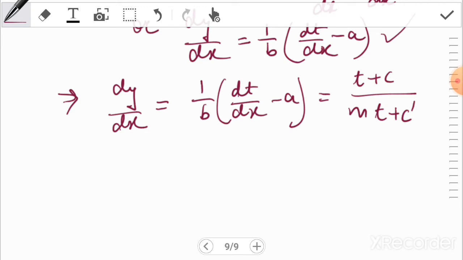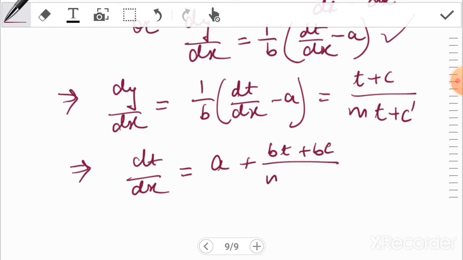Now dt by dx is equal to a plus bt plus bc by mt plus c dash.